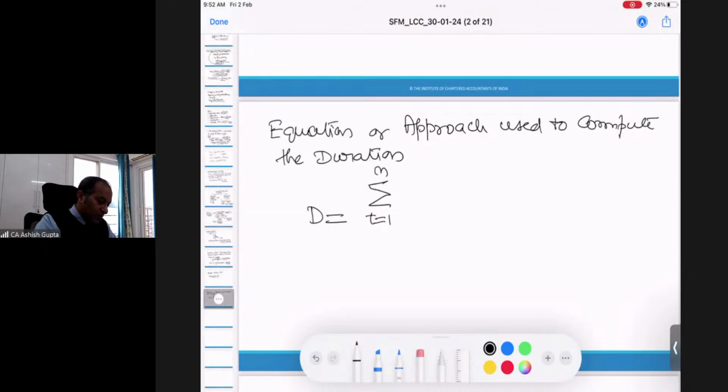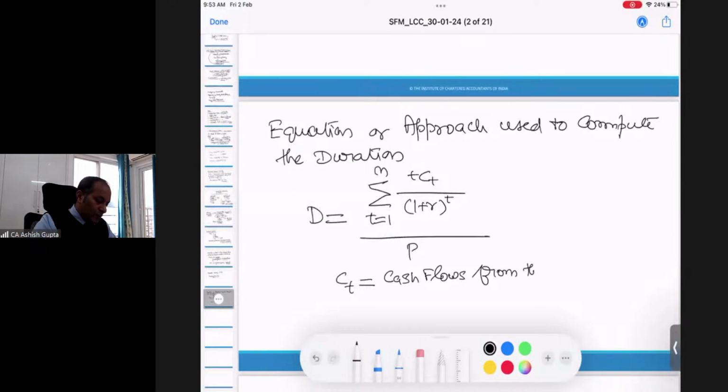T varies from 1 to n, upon P. What do we mean by CT? It is the cash flow from the bond.